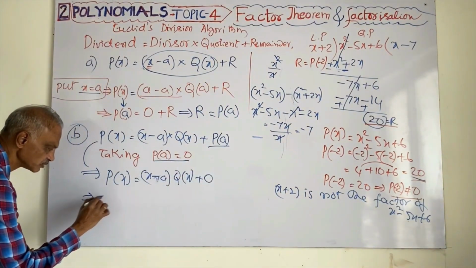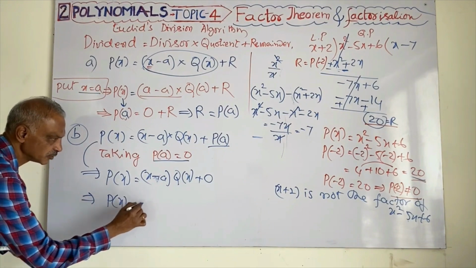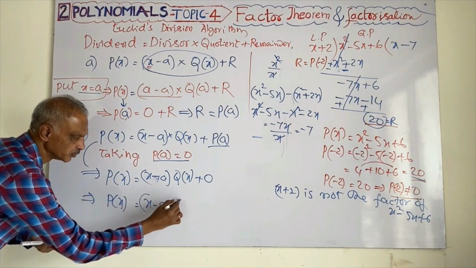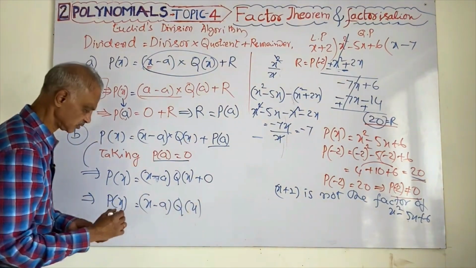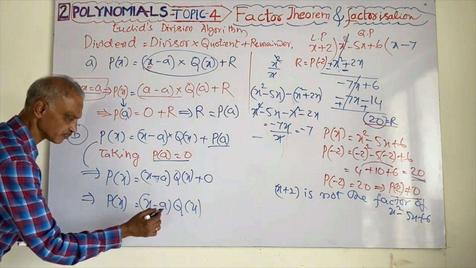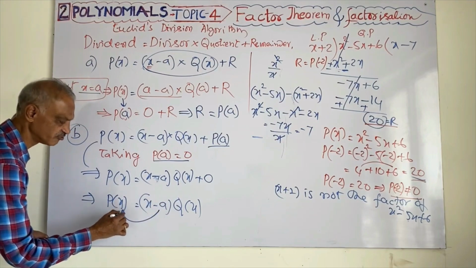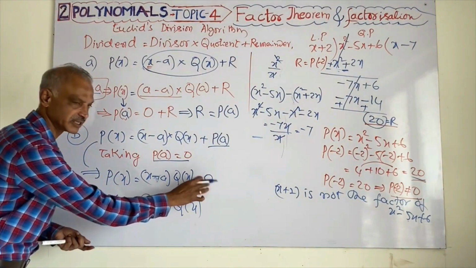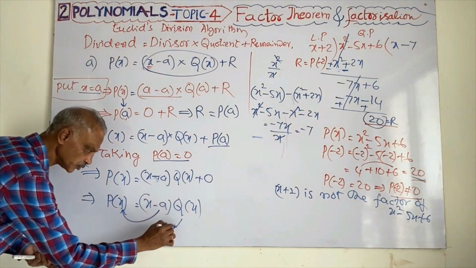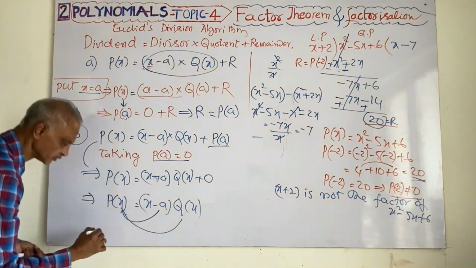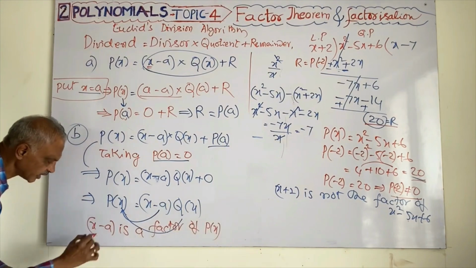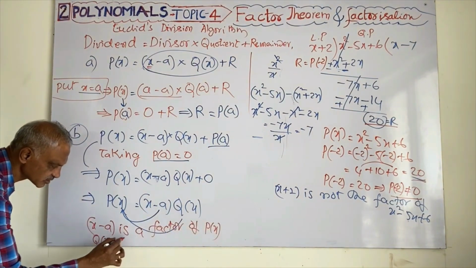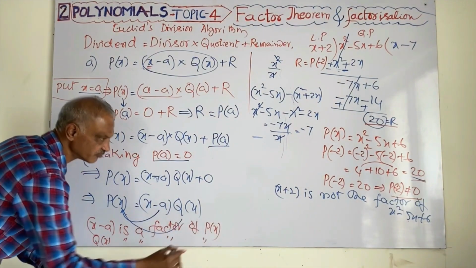What happens? p of x is equal to x minus a into q of x. Now you can say x minus a is a factor of p of x because you got remainder as 0, and q of x is also a factor. You can write that q of x is also a factor of p of x.